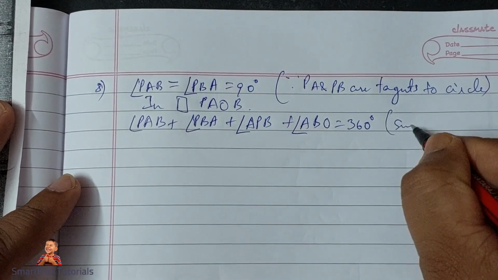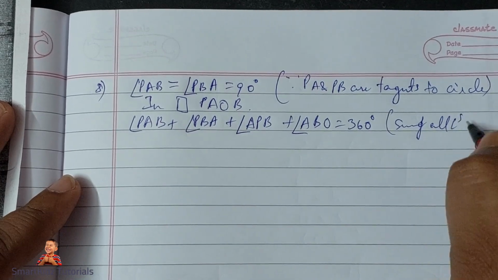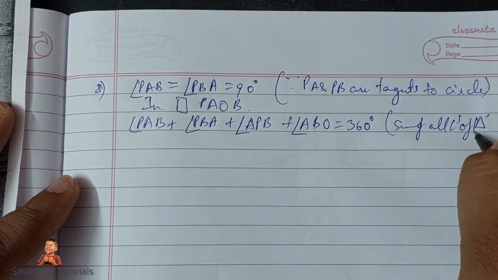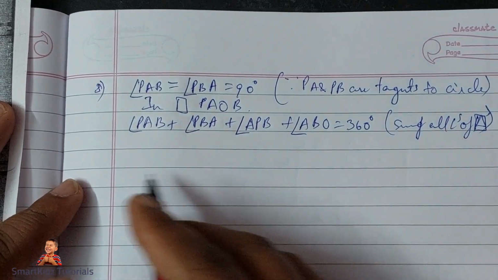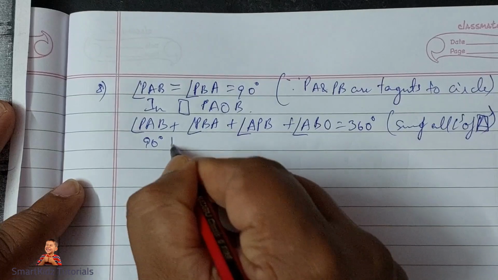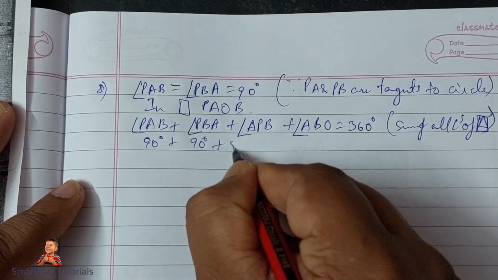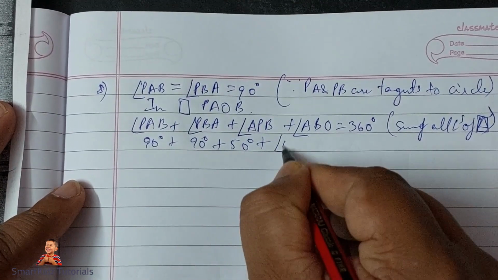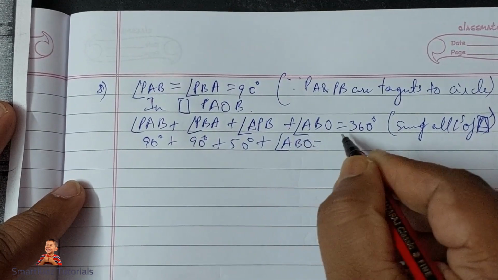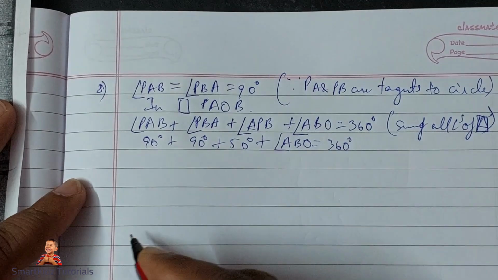This is the sum of all angles of a quadrilateral. Well, this is 90 degrees, so 90 degrees plus 50 degrees plus angle ABO equal to 360 degrees.